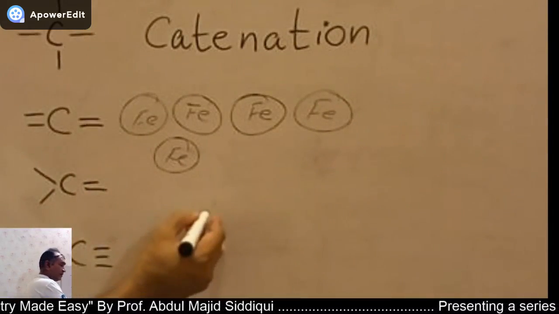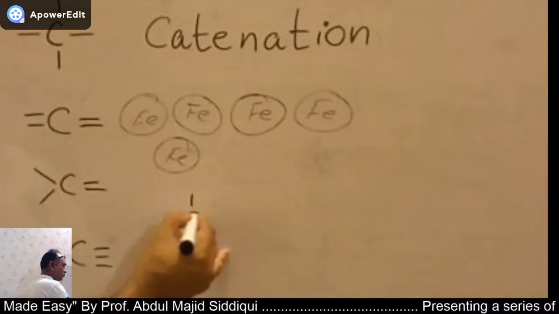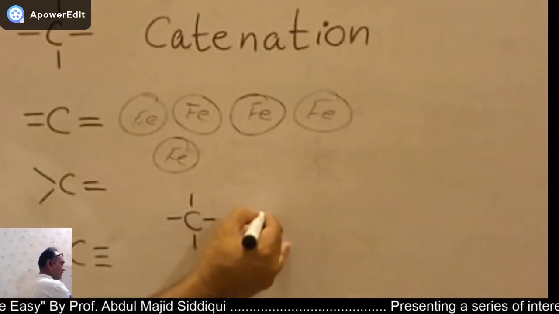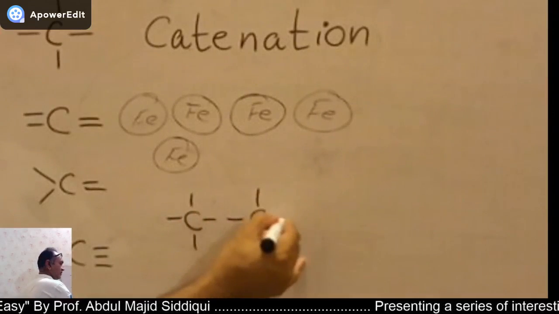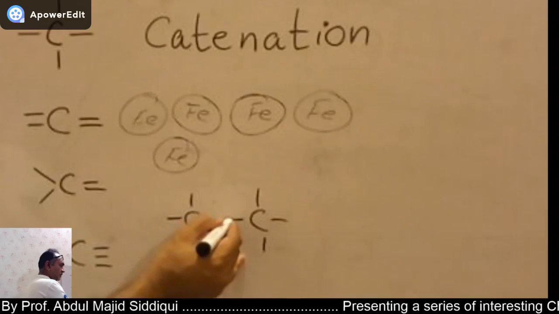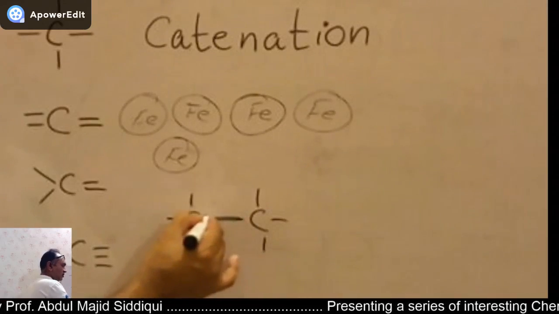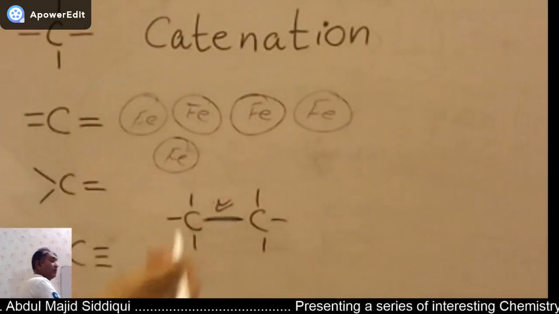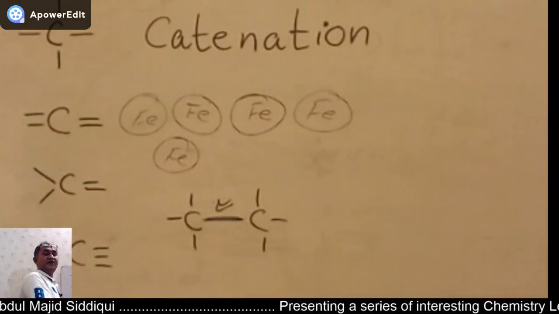It means if we have carbon like this, 1, 2, 3, 4, and another carbon, then they develop a linkage. This property is called the catenation property.